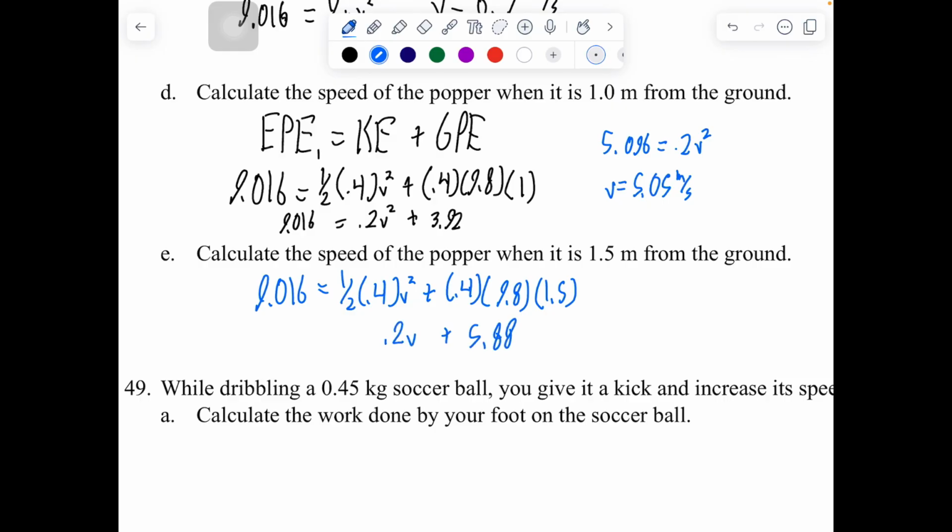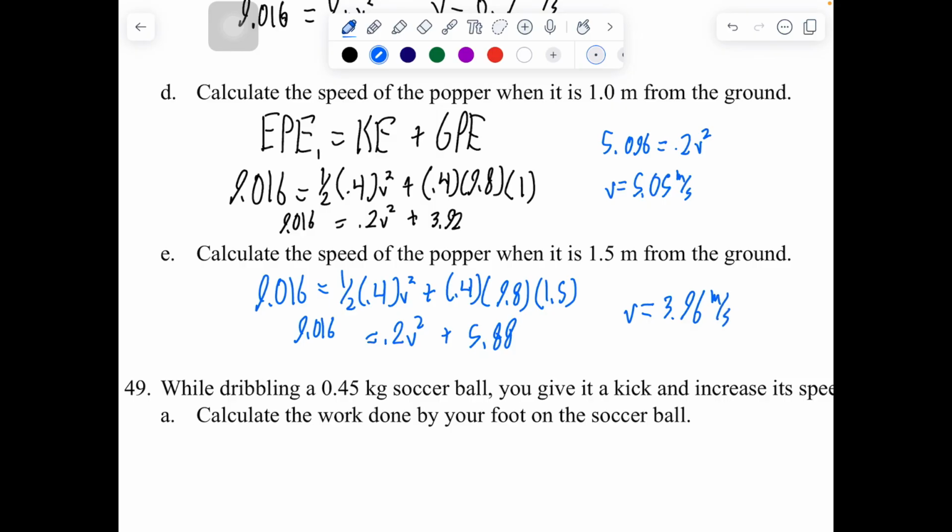This is 0.2 v squared. So we take 9.016, subtract 5.88, divide by 0.2, take the square root, and again, our velocity is continuing to shrink as we gain height.